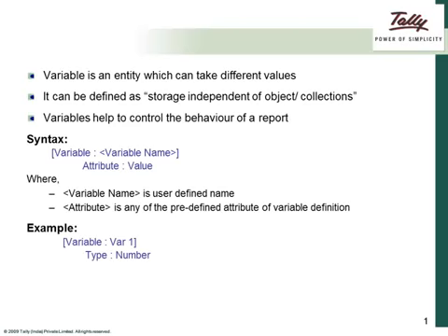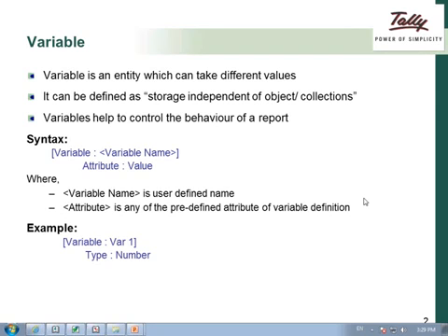So we start with something very basic, a variable. Now, what is a variable? A variable is an entity which can take different values, and it is independent of your database.